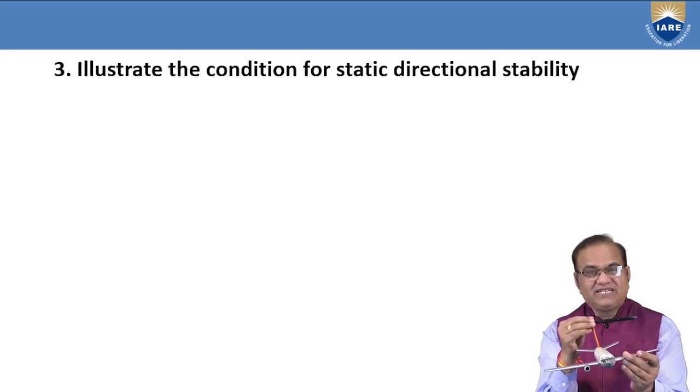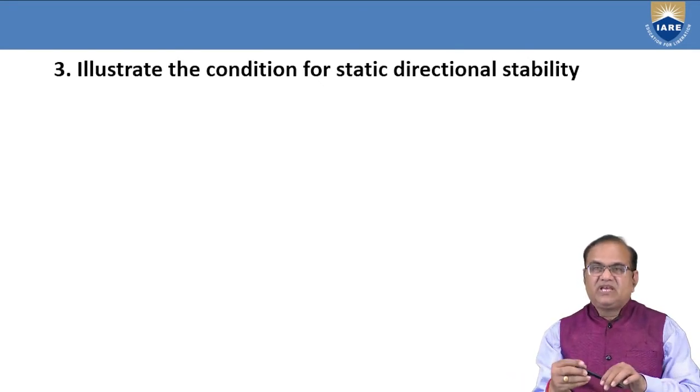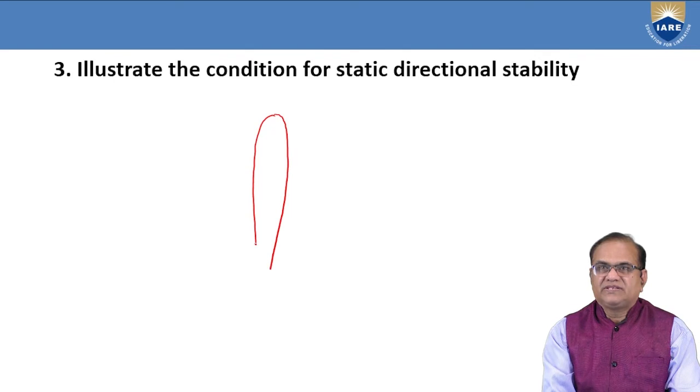And what is the condition? This we can see here that if aircraft is, this is the aircraft I am making. This is the vertical tail.